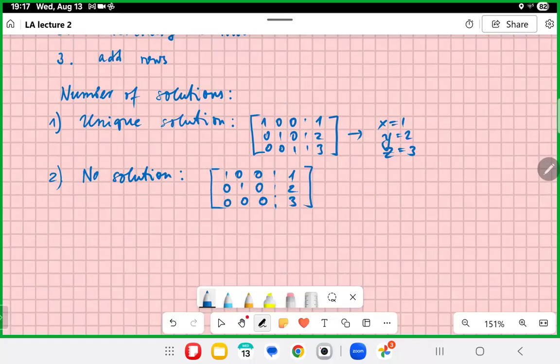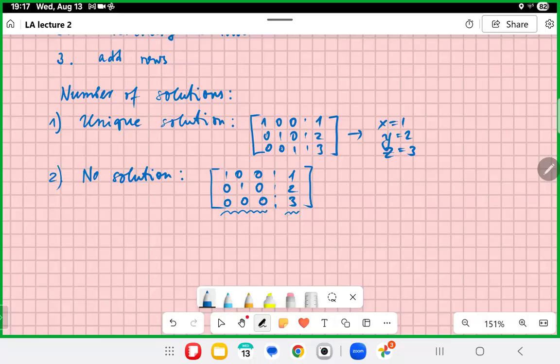Of course, if you have more variables or more equations, it's going to look slightly different, but you do your reduction using row operations, and eventually you end up with a matrix which has a row of zeros, you see over here. But the right side over here is not equal to 0. Why is it that the system is going to have no solution?